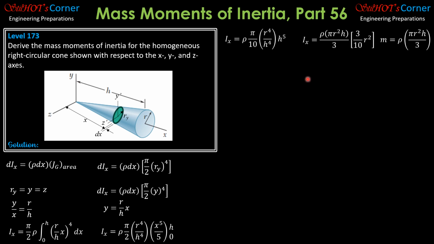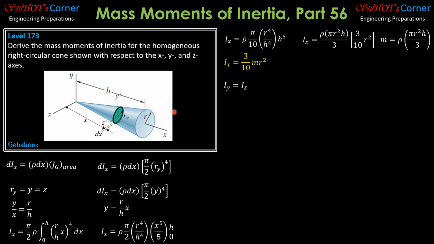So that's the mass moment of inertia with respect to the x-axis of this cone oriented in that manner. So Ix equals 3/10 m r square. Likewise, differential Iy, which is equal to differential Iz, is equal to differential Iy prime plus differential mass times distance square, which is x square in that case.